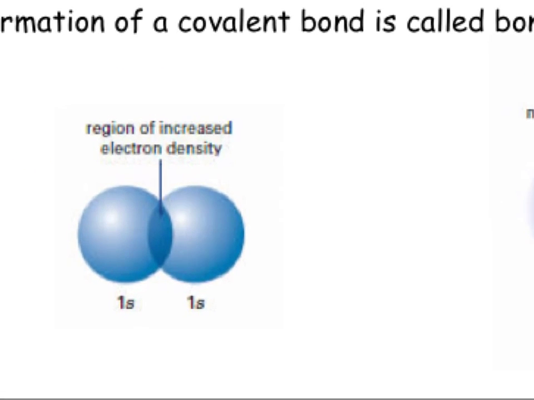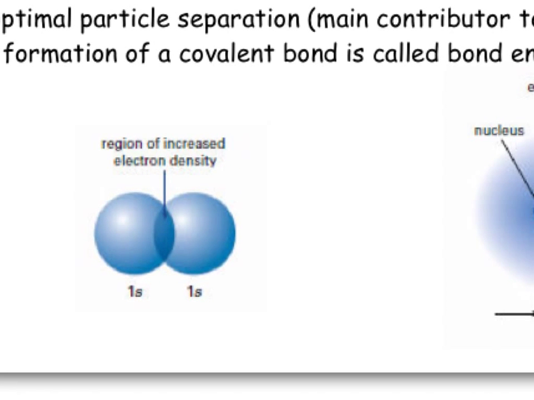If we take a look at this diagram here, if I have two hydrogen atoms, for example, each would have an electron in the 1s orbital. In order for those two hydrogens to share electrons, I have to bring the atoms close enough so that the 1s orbitals overlap each other. Now mathematically this is what happens.